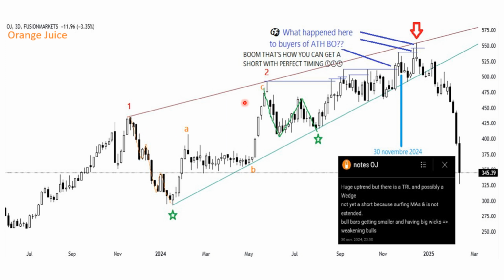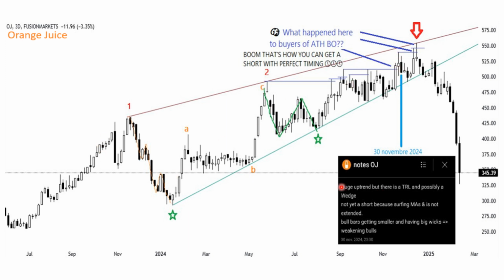Yeah, this one is just another trend reversal. Look, I wrote this note for myself on November 30, 2024. Price was here. Huge uptrend, but there is a TRL, topping resistance line, and possibly a wedge here.